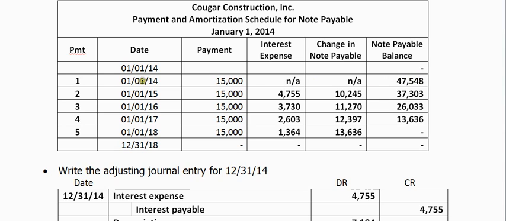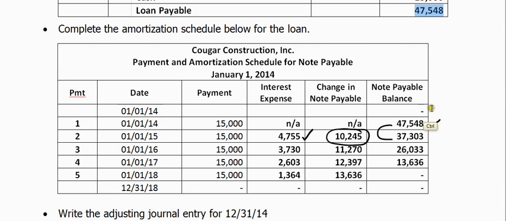But if it's a loan on 1/1/14, we make the $15,000 payment, so the note's only going to have a $47,548 balance. You multiply that times 10% under the effective interest method, and you get $4,755 in interest. The remainder of the $15,000 payment, the $10,245, is subtracted from the original balance, and you have $37,303. So we're just applying the effective interest method as we did with bonds.